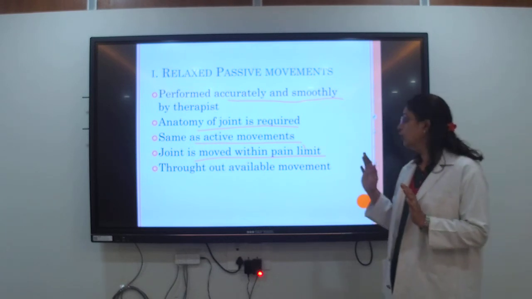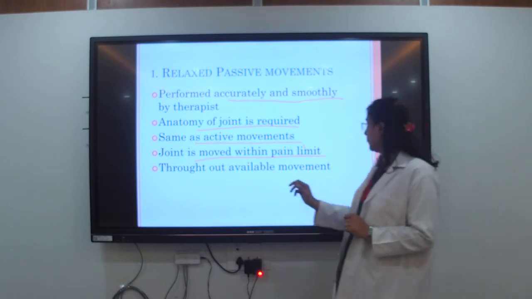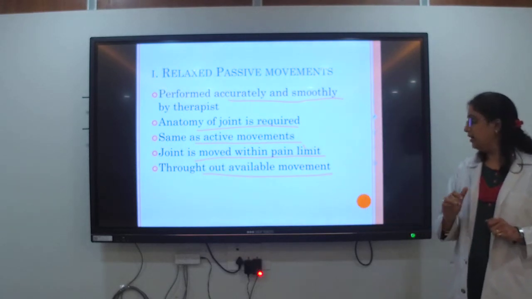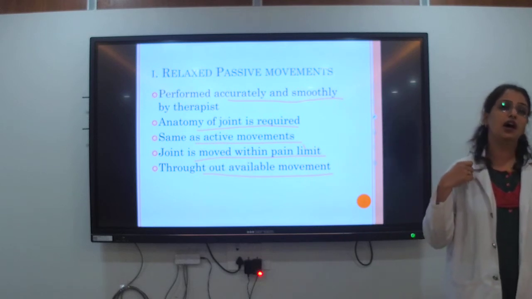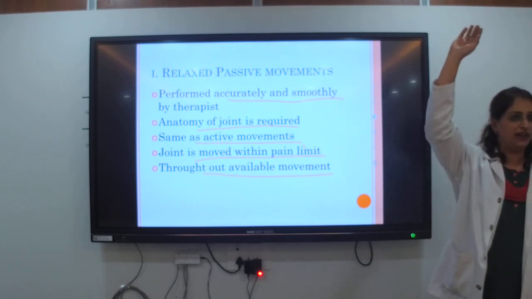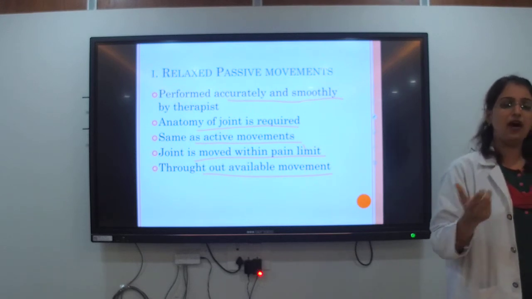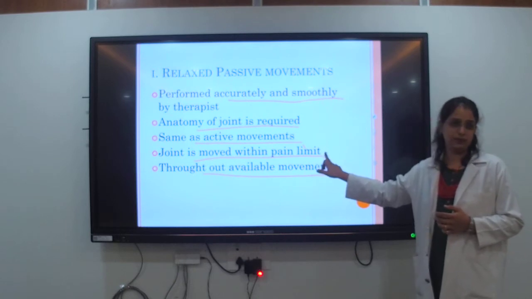So you have to move the part within the pain-free limit, and throughout the available range of motion. If the patient is unable to perform more than 120 degrees, you should not exceed that range, otherwise it will create pain again.